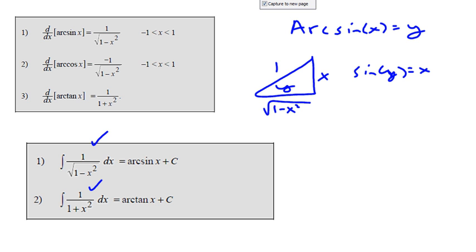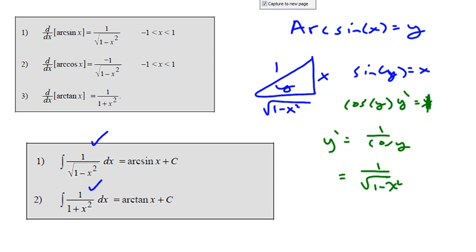And then we take the derivative and solve. So y prime is 1 over cos of y, which equals 1 over the square root of 1 minus x squared. So these derivatives are pretty elegant in that they're all embedded in some nice, fun trig relationships.